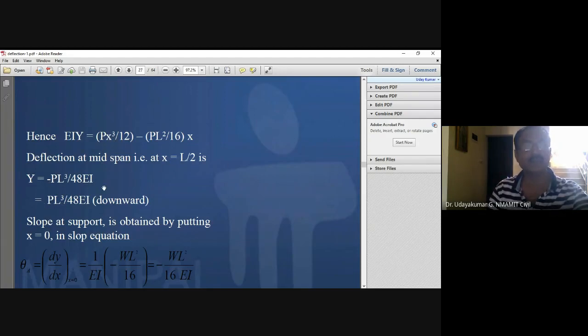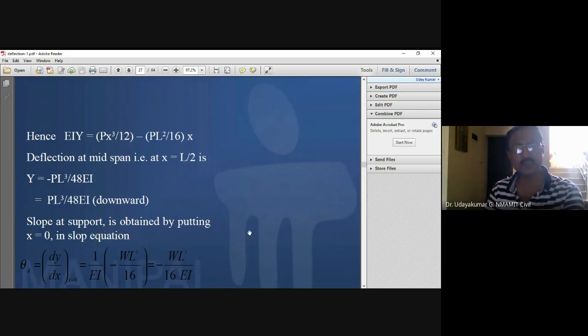What you get, the important equation, the deflection at the center of a simply supported beam carrying point load at the center is WL cube by 48 EI. Isn't it? W here is the point load at the center. So WL cube by 48 EI, or since P is applied here, it is in terms of P.